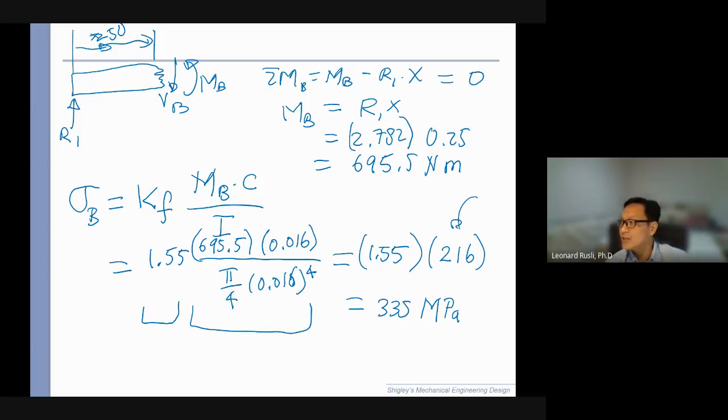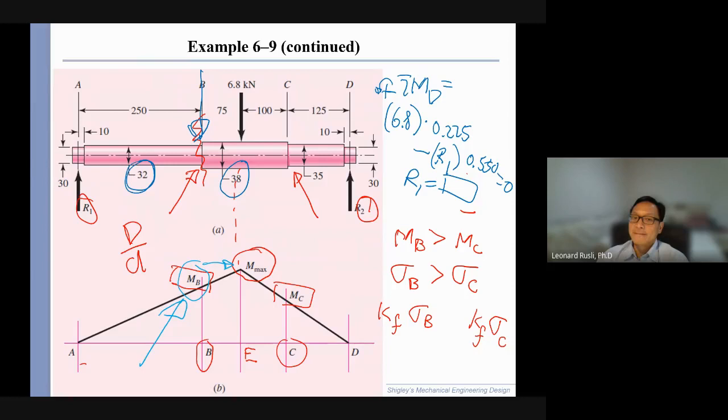So now the actual bending stress will be 335, multiplied 1.55 times. Any questions on this example problem? What we did was learn how to calculate the stress concentration effect in shaft bending. The shaft is under bending, and we estimated the effect of the shaft shoulder at B.